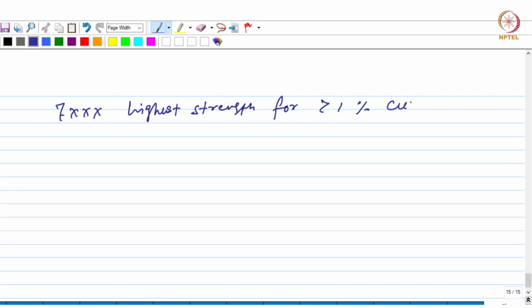If it is 1% or less, then the copper remains in the solid solution and does not take part in the precipitation, and therefore you may not get the strengthening. But as you increase it beyond 1%, the copper atoms will go to the GP zones.